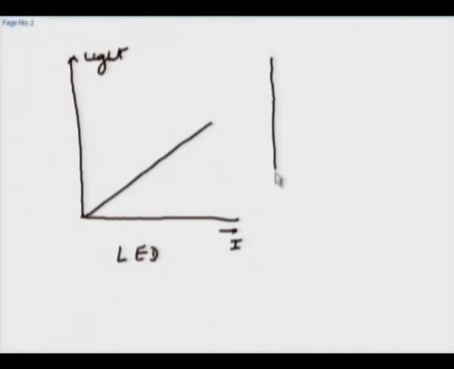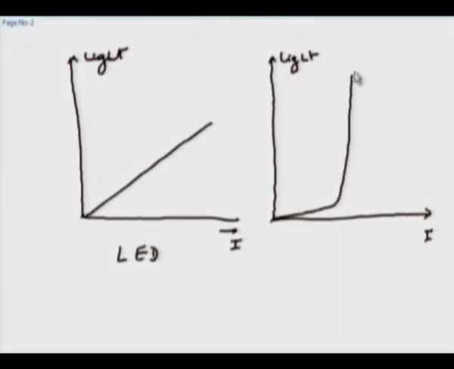If you draw similar characteristics for a laser diode, the difference would be that till a particular value of current, which is called the threshold current, the device works like an LED, which means it has only spontaneous emission. Once it exceeds a certain threshold, which means a number of carriers, it goes into stimulated emission and you get a huge amount of light.